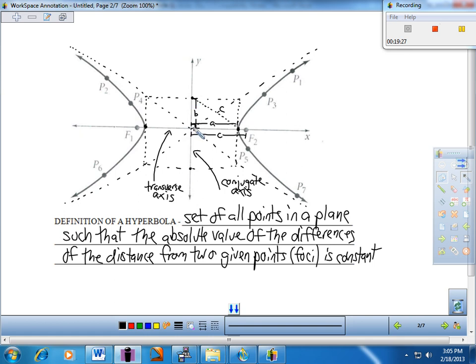And then what we saw here is that center to focus is actually the same as this distance right here on that rectangle. And so as a result, we get a beautiful relationship between our three variables, A, B, and C. Okay, that looks really good. Let's move on.